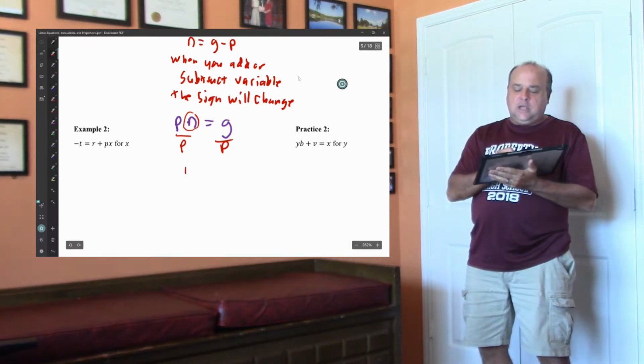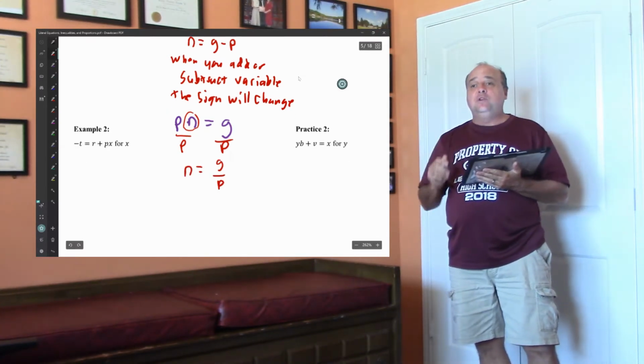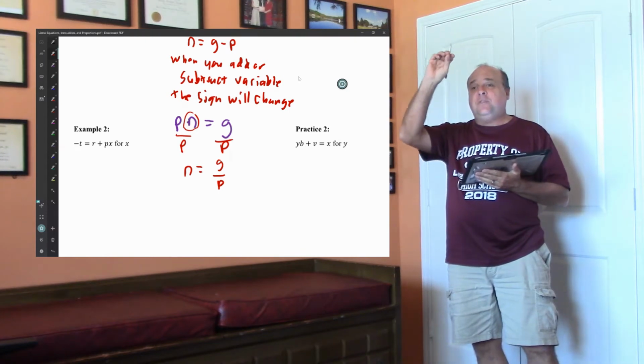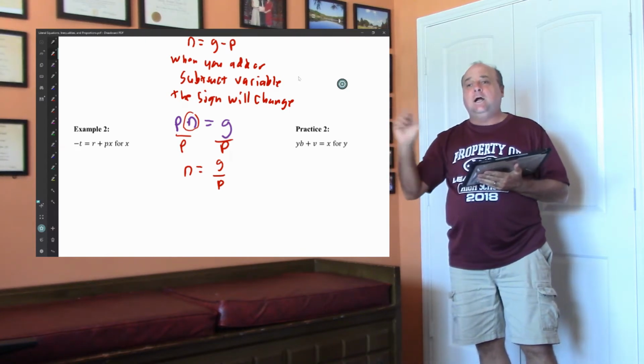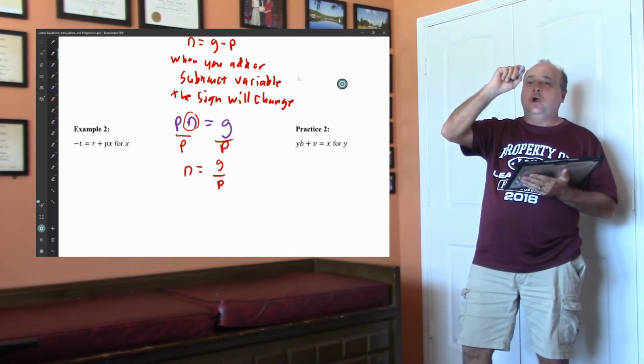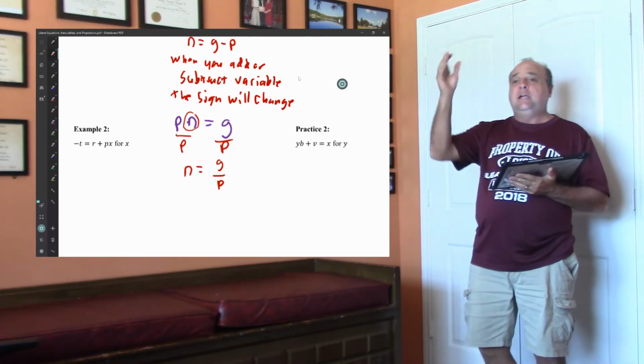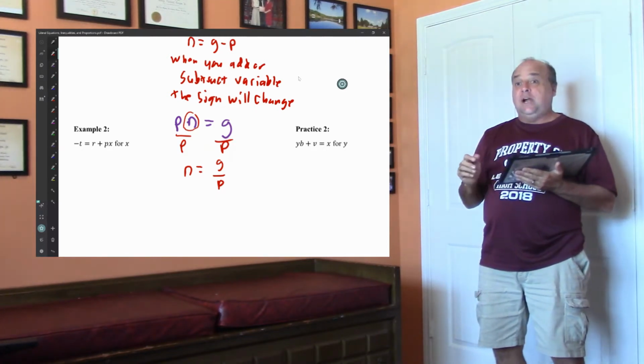So n equals G over P. Notice what happened to the P. It went from the top of the fraction to the bottom. So when you multiply or divide, the term or variable will move from the top to the bottom or the bottom to the top. It will switch places in the fraction.